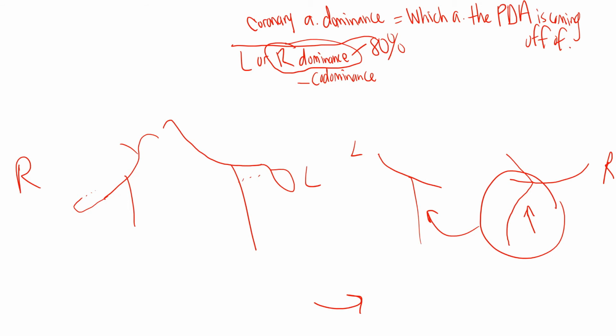And I had said that coronary artery dominance has all to do with which of the coronary arteries the posterior descending artery is coming off of. Now, in a patient who is right dominant, which is the majority of people, 80% in society, the posterior descending artery, and remember what it supplies: the posterior septum on the back of the heart, going deep into the septum.